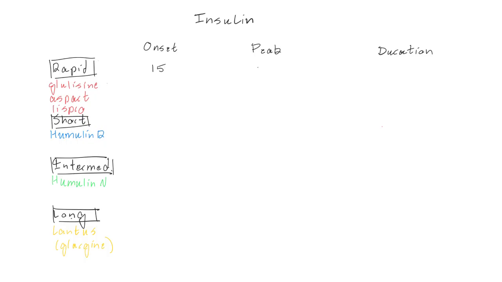To get the peak, we double the onset for the rapids, and to get the duration, we double that: 15, 30, 60, very general numbers. For short acting, we just double the numbers down instead of across. So the onset is roughly 30 minutes, the peak roughly 60 minutes, and the duration roughly 120 minutes. Of course, making exceptions for different brands and everything else.